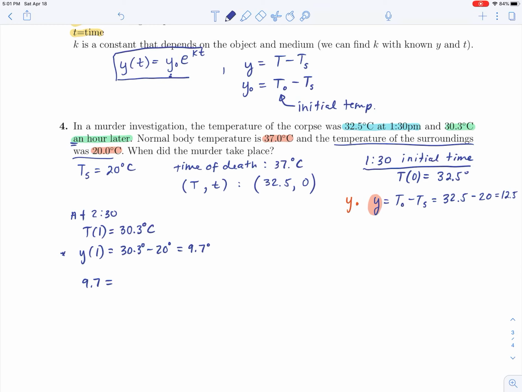I'm looking at this model, and then I'm putting in Y naught, and I'm putting in 1 for T, and 9.7 for Y.